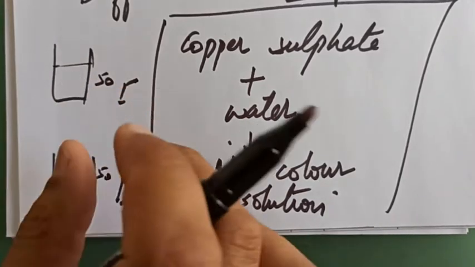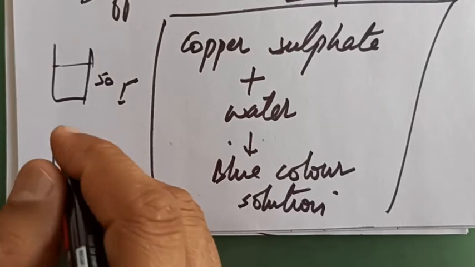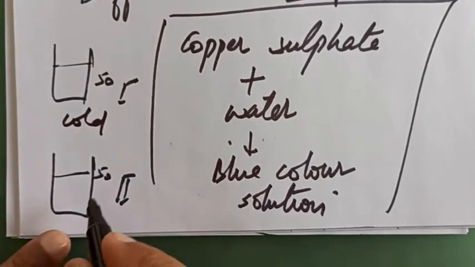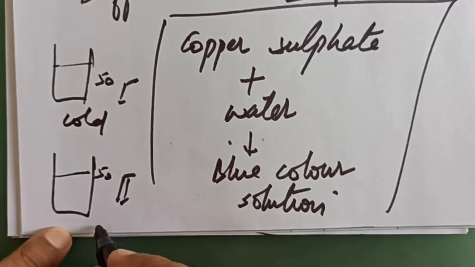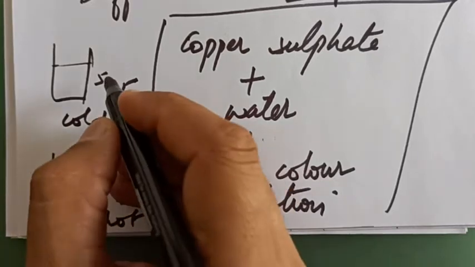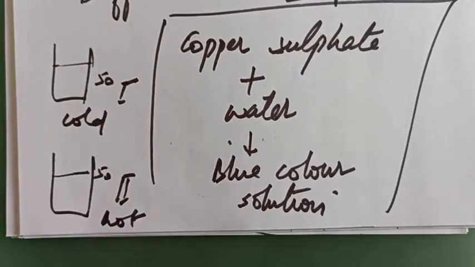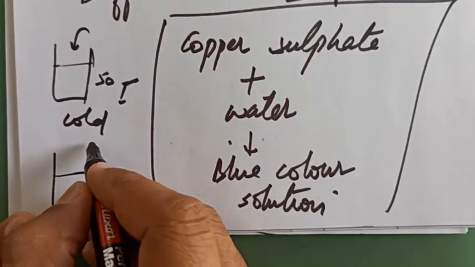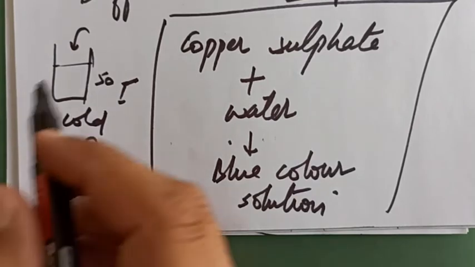Suppose in the first beaker it is cold water, that is low temperature, and in the second beaker it is hot water or boiling water. Now what we have to do next? We will add copper sulfate in the first and at the same time in the second beaker also.